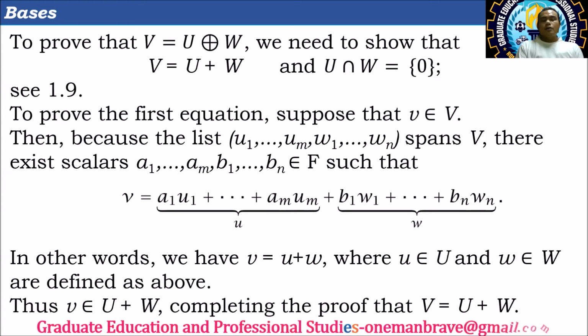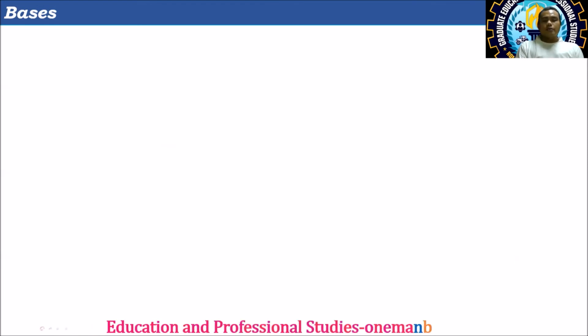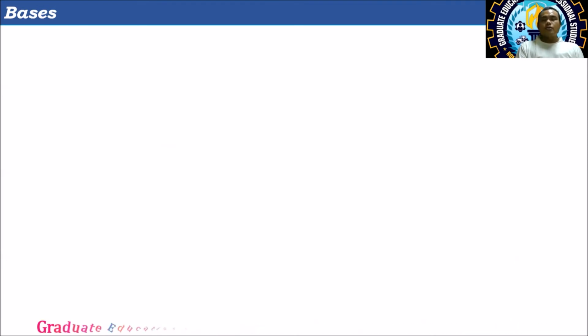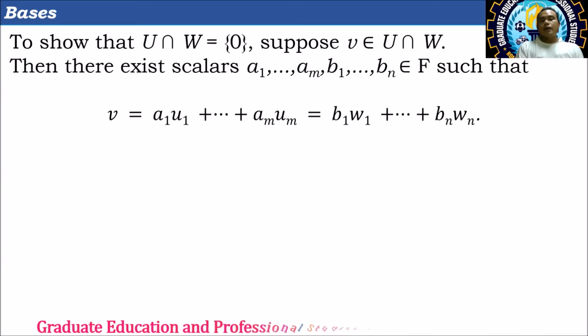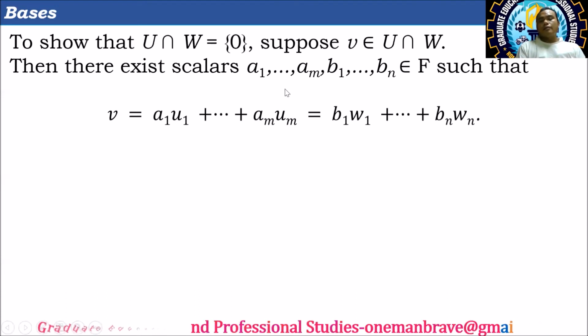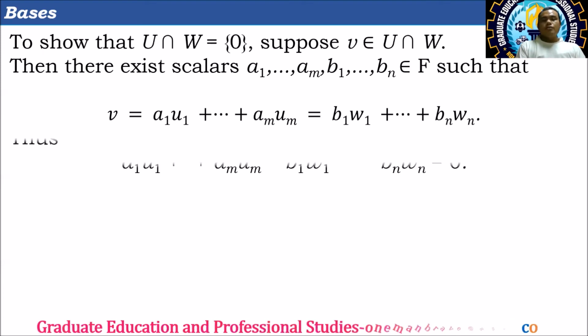plus W. To show also that it is unique, or independent, to show that U intersection W is equal to 0, suppose that v is an element of U intersection W. Then there exist scalars a and b, which are elements of F, such that the vector v is comprised of a linear combination of a u and also equal to a linear combination of b w.